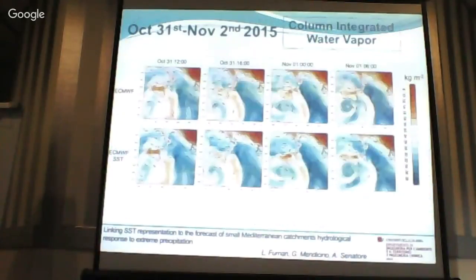These are the integrated water vapor fields from ECMWF and ECMWF SST. You can see that the area with high water vapor meets the coast later in ECMWF with the SST with respect to ECMWF.